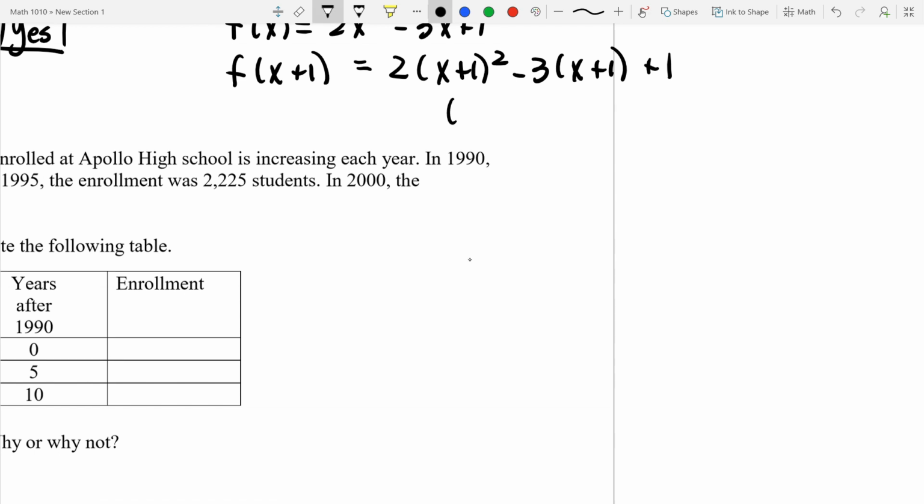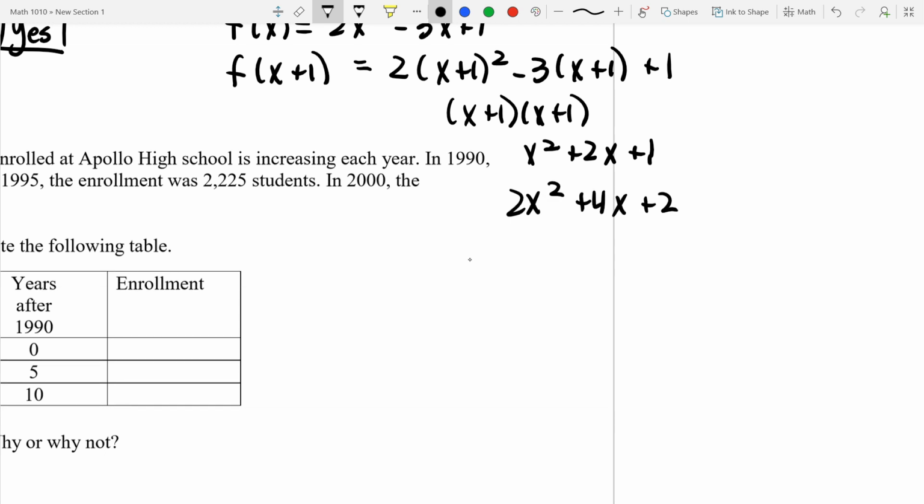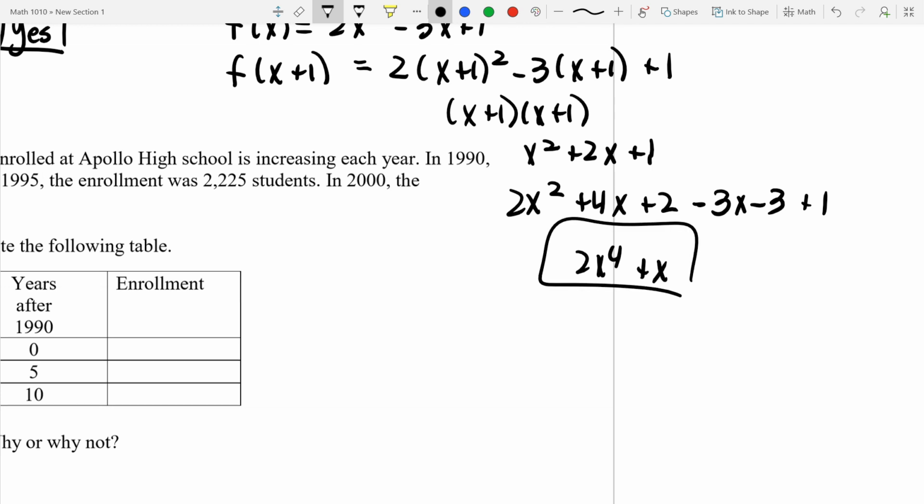And then I see x plus 1 times x plus 1 is x to the second plus 2x plus 1. And then I see 2x to the second plus 4x plus 2, and then maybe minus 3x minus 3 plus 1, 2x to the fourth plus x, and then the numbers end up actually going away. So that would be your answer.